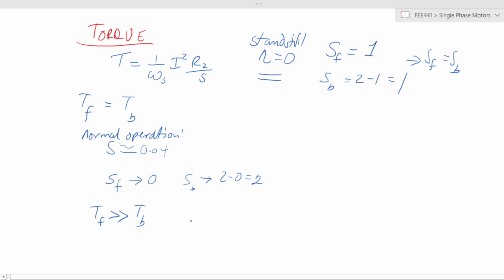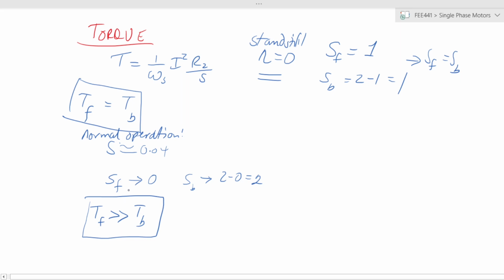This is very important because we can see that at standstill the torques cancel each other out. However, at any other time, the forward torque will be much larger than the backward torque.